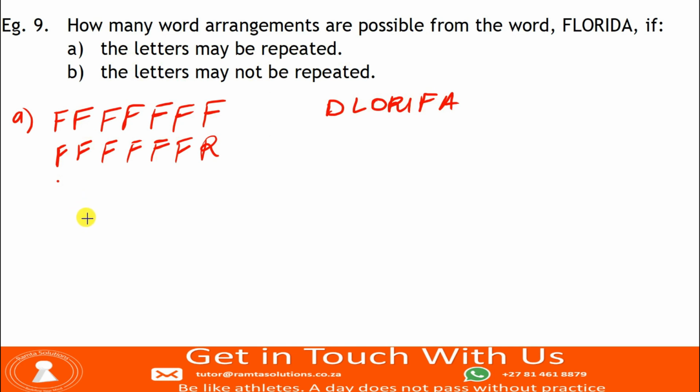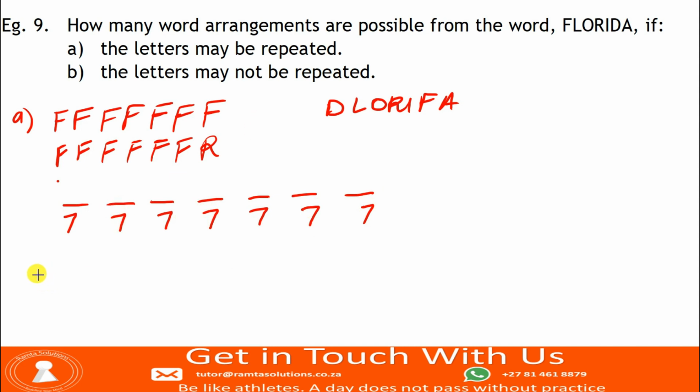So in other words, how many places do we have? 1, 2, 3, 4, 5, 6, 7. For the first letter, you have 7 letters to choose from. For the second, you have 7 to choose from. For the third, 7, and so on, right? Because the letters may be repeated.